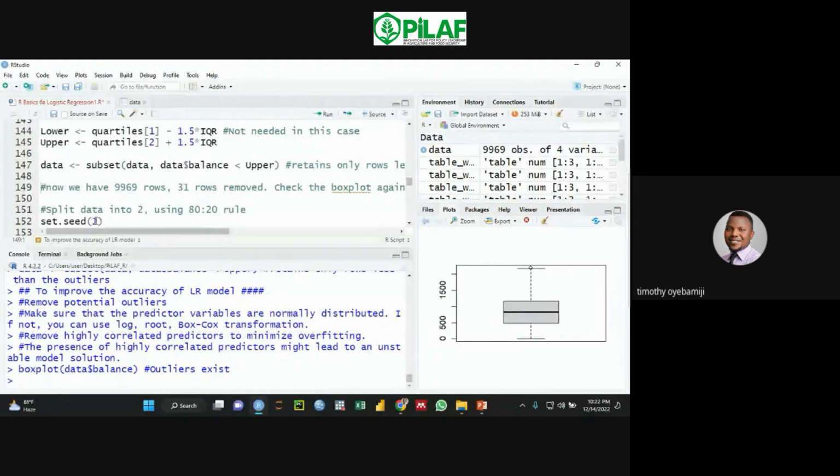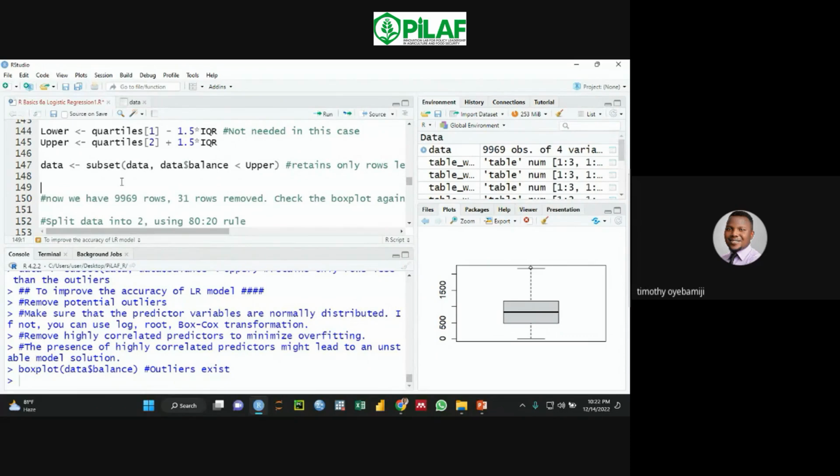All right. Now we should check the other variable as well. Box plots. What's that other one? Income.